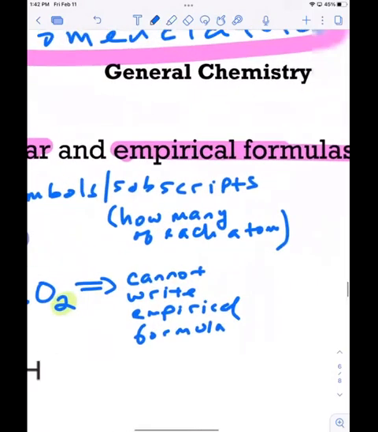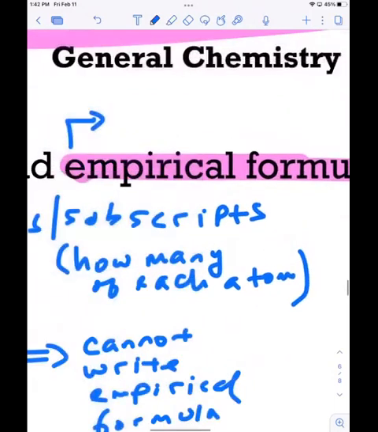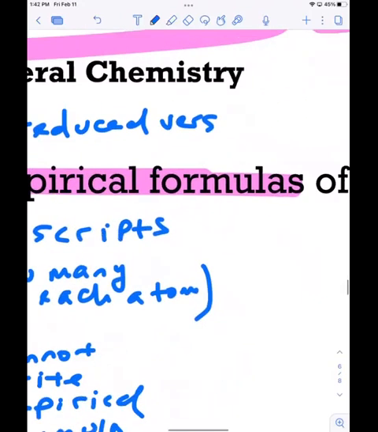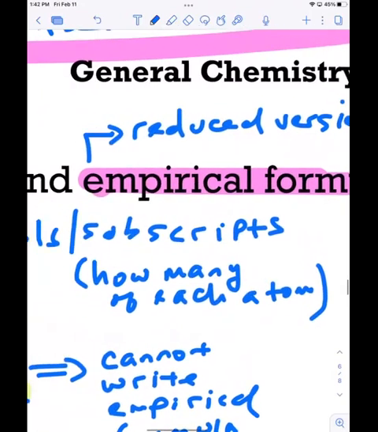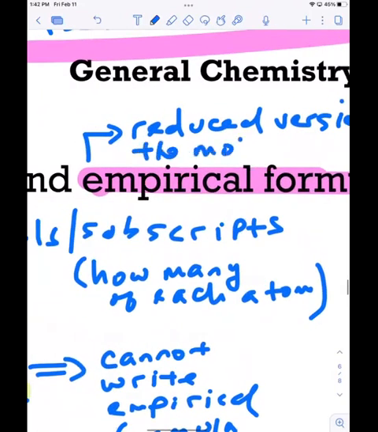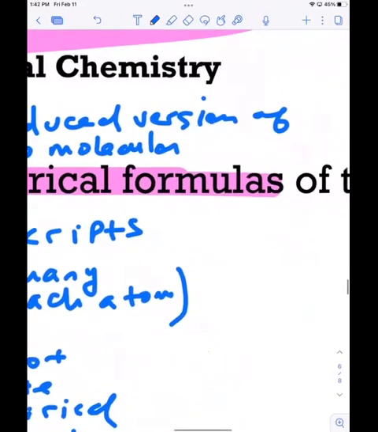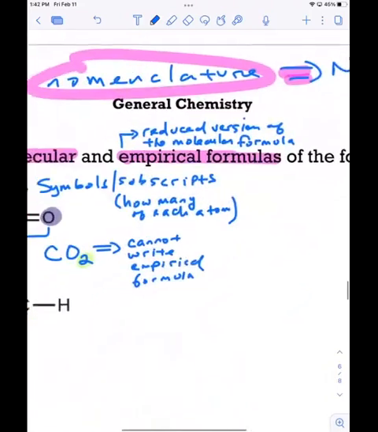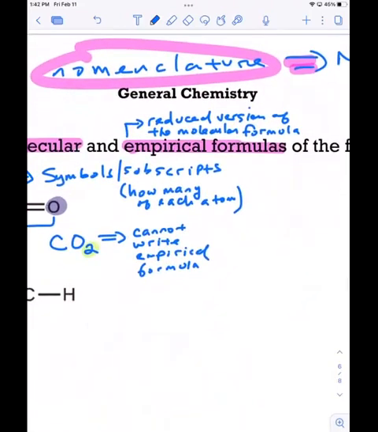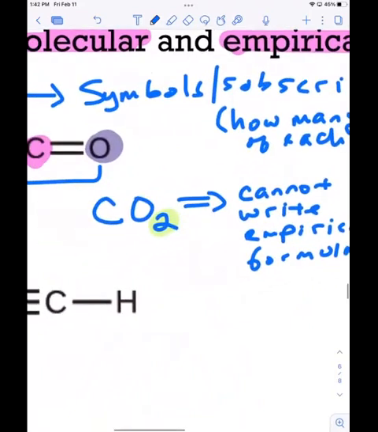Empirical formulas are basically the reduced version of a molecular formula. So it is basically taking the lowest common denominator of the subscripts. In this case, the carbon is understood to be 1, but we don't show that.